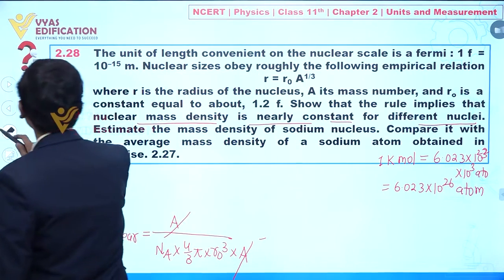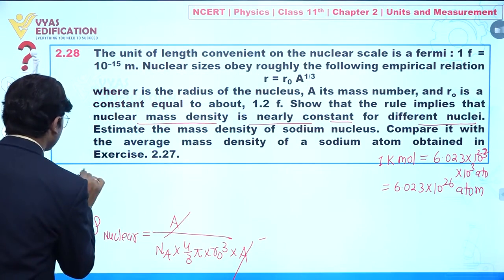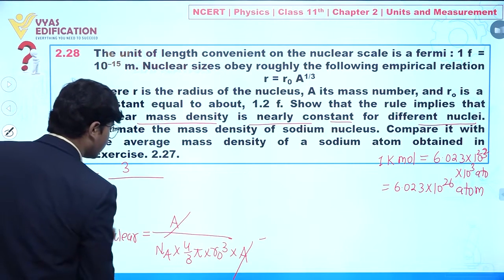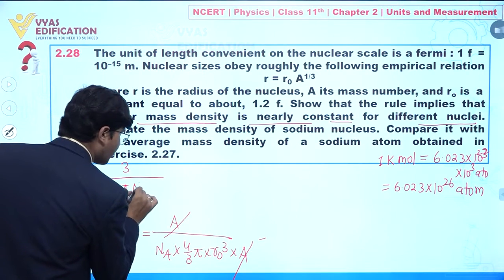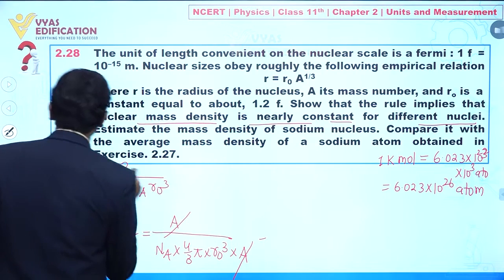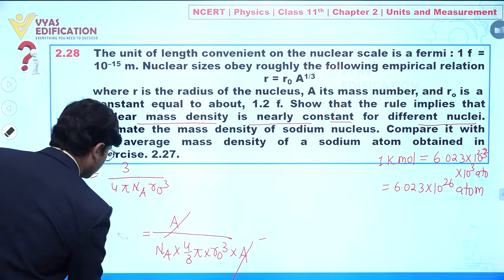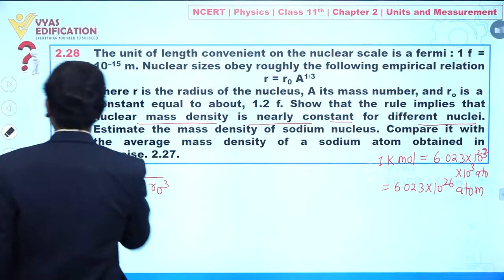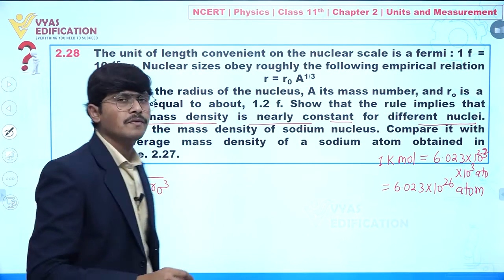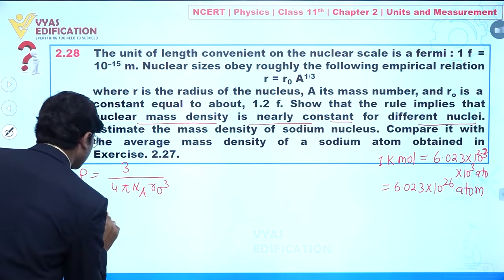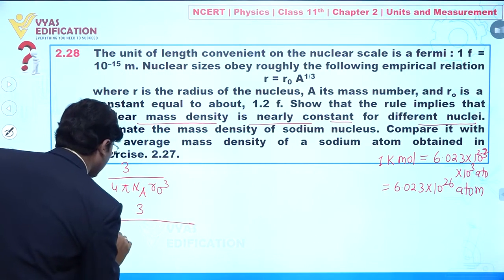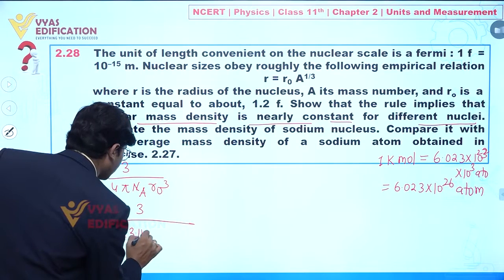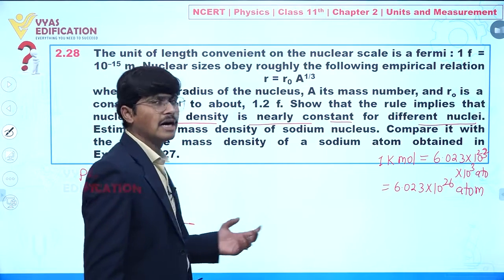Yes. So from here we have this formula: this is equal to 3 divided by 4 pi Na, and this is R naught cube. Clear? Now we can write all values. This is equal to 3 divided by 4 into 3.14 divided by Avogadro number.